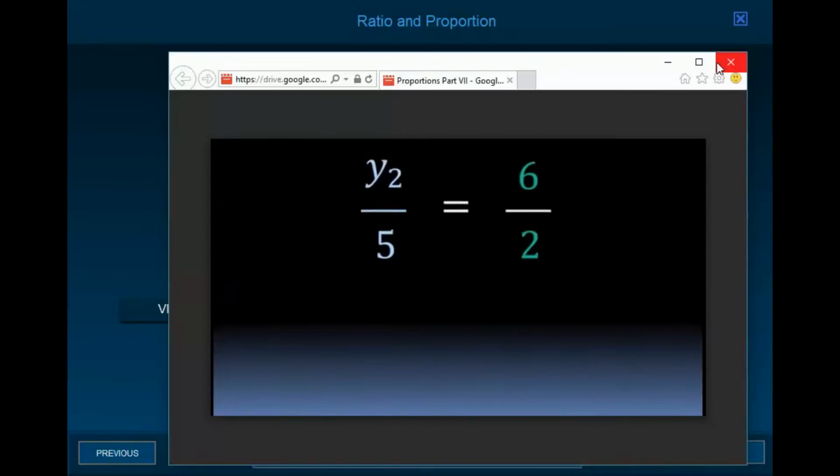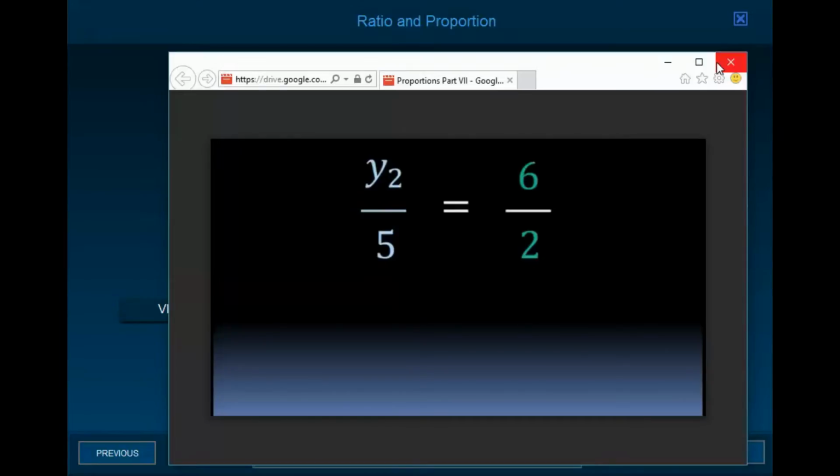We have y sub 2 over 5. Y sub 2 is being divided by 5. We know to make that expression talk about y sub 2 all alone, we need to multiply the fraction y sub 2 over 5 by 5.